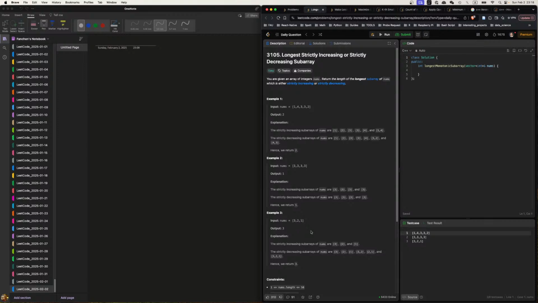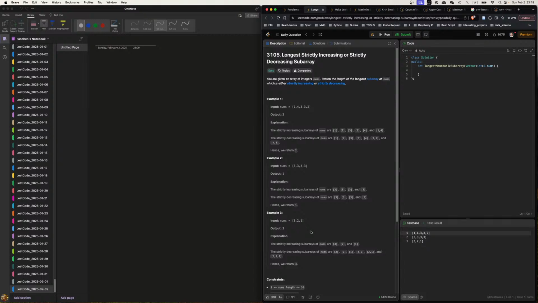If we go with a monotonic array, a monotonic increasing array, whenever we need to pop, the current length is the longest. That's actually not right, because what we want is a subarray. If you do monotonic, that's a subsequence. It's not really a subarray, so that's a no-go.